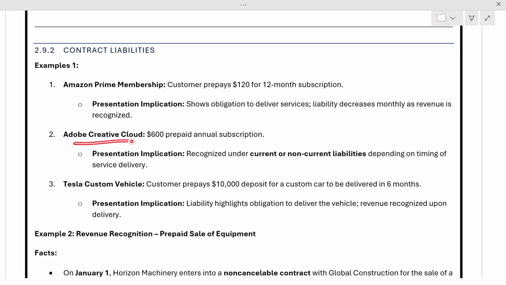Let's see another example of Adobe, where $600 is paid for an annual subscription. Again, it is recognized under current or non-current liabilities. It will depend on whether the service will be delivered over a longer period of time, so it will depend upon the timing of service delivery.